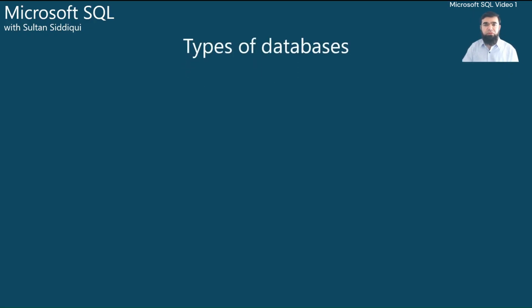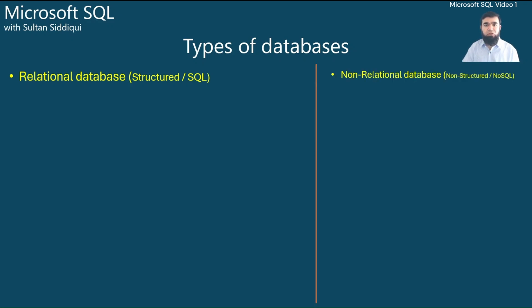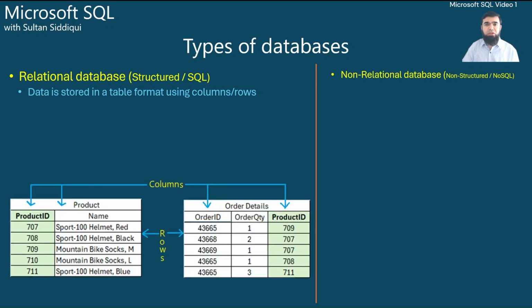There are 2 types of databases. Relational database, also known as structured or SQL database, and another one is non-relational database, also known as non-structured or NoSQL database. In relational database, data is stored in a table format using columns and rows.